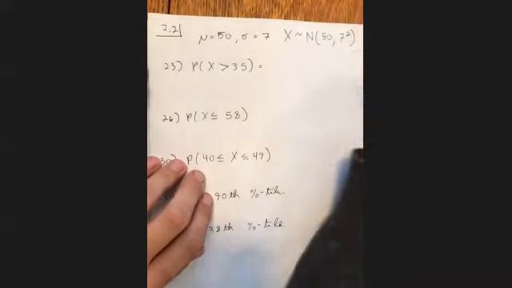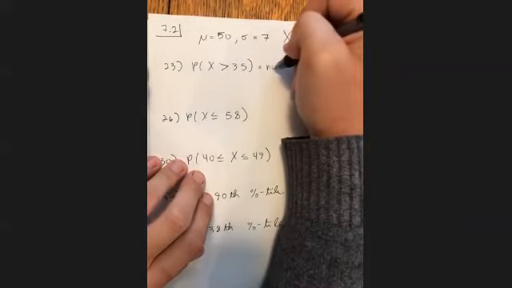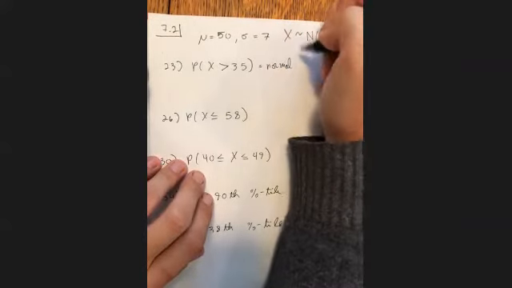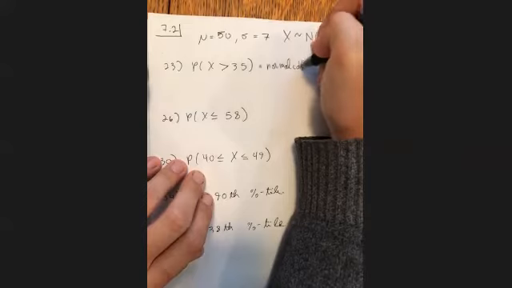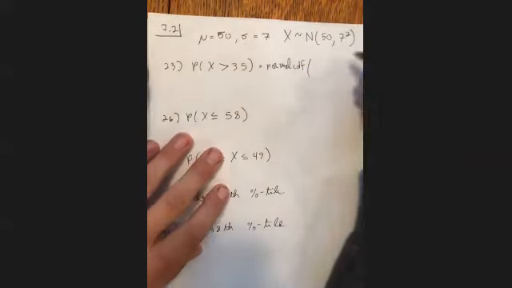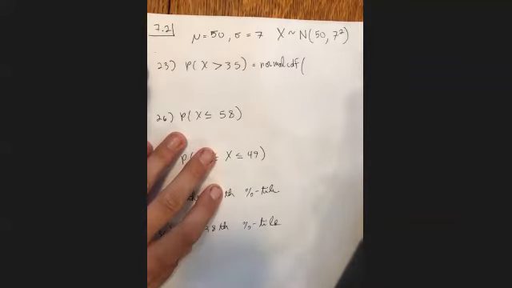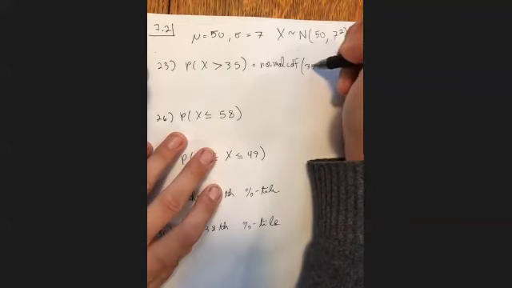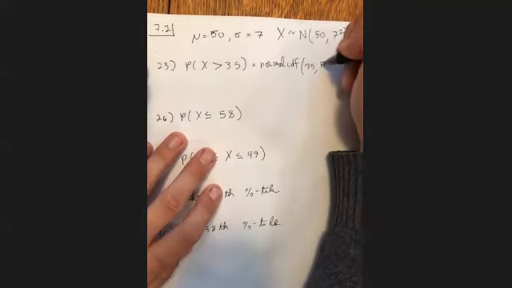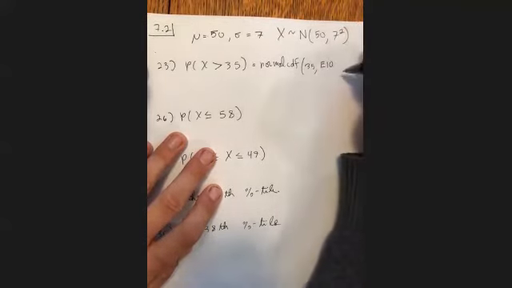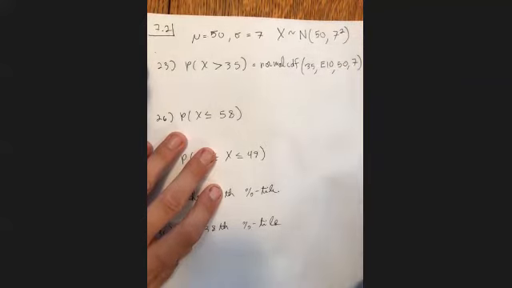So I've shown you how to do these with calculators. Here you're going to use the normal CDF. And remember, the inputs for the normal CDF are lower bound, upper bound, mean, standard deviation. So lower bound here is 35. Upper bound is something very large enough. I usually put E10. Mean is 50. Standard deviation is 7.